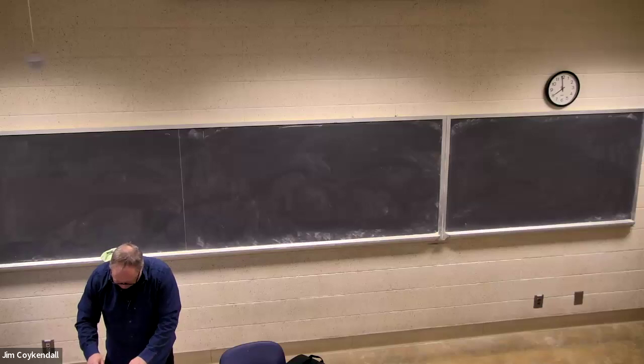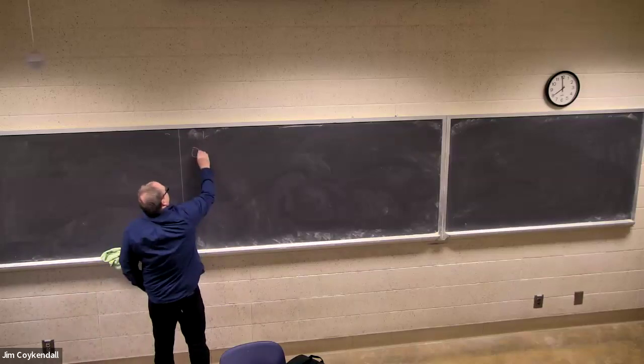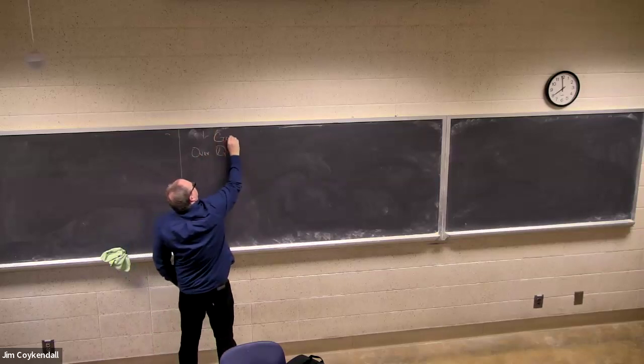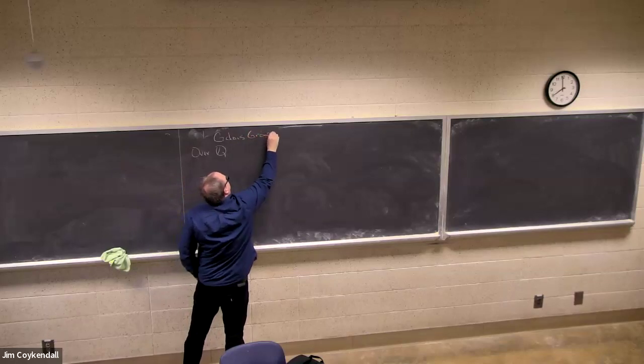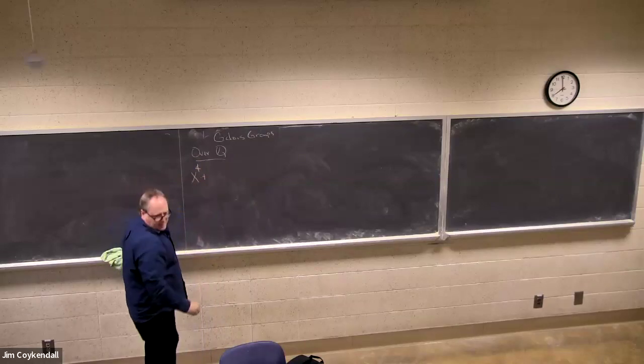So we'll take these three polynomials and try to figure out the Galois group over Q. I'll leave that one. What's this?